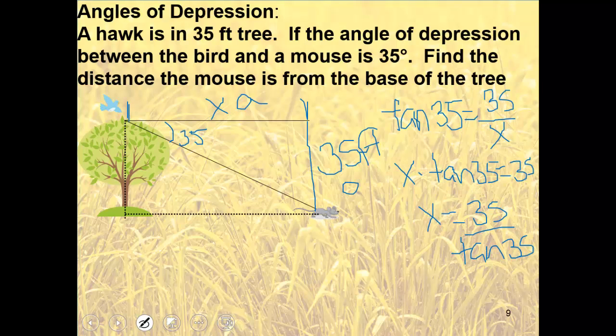So I have 35 divided by tangent of 35. And I get that that little mousie is right about 50 feet away. So a lot of times scoping systems that people attach to guns or bows or whatever, they'll be based on these trigonometric functions.